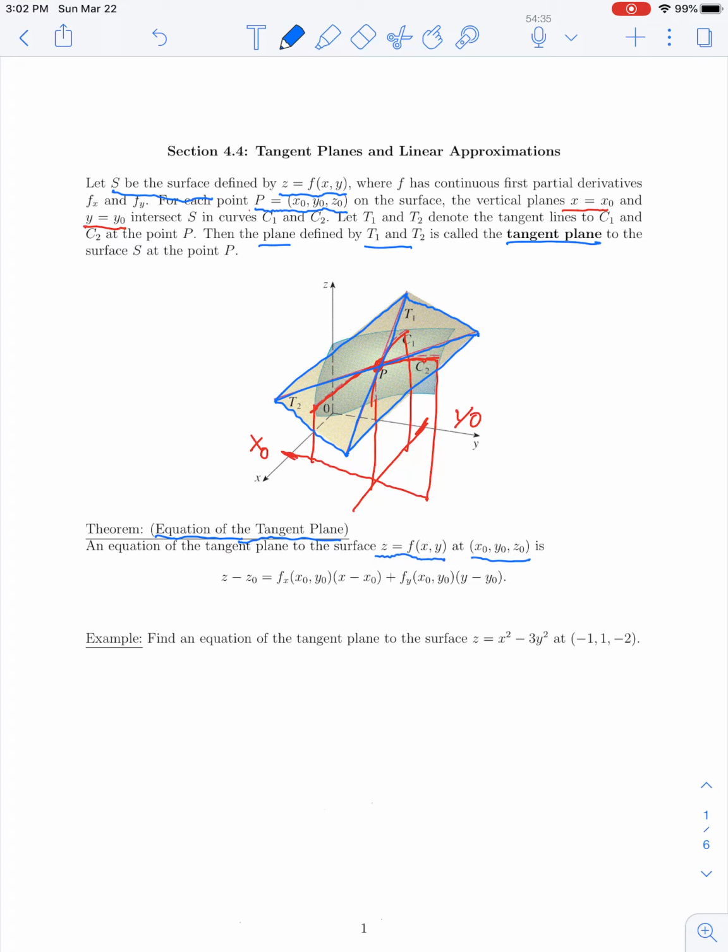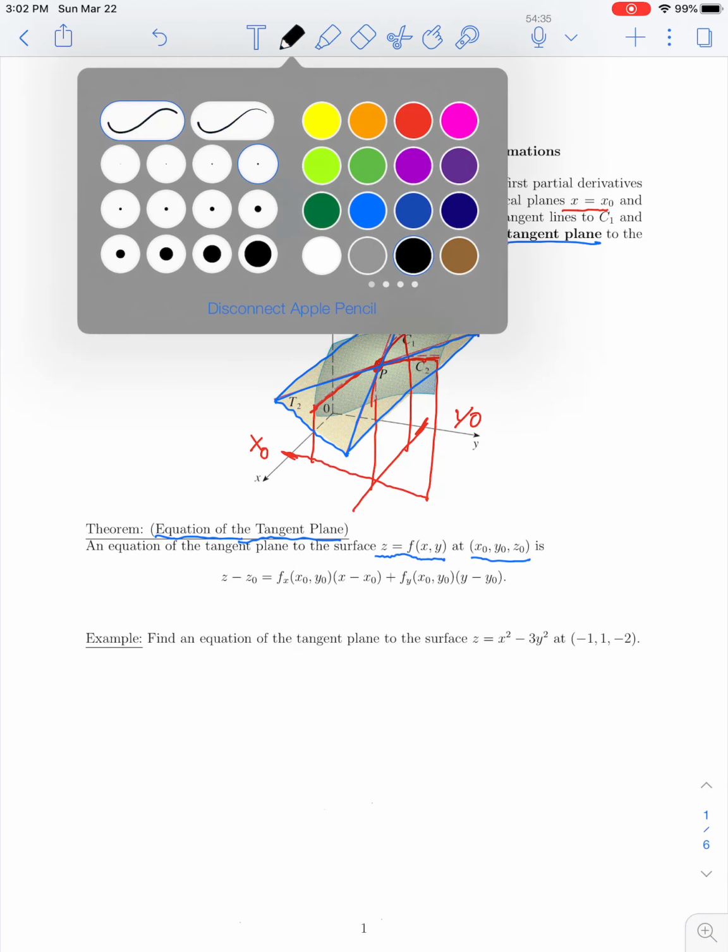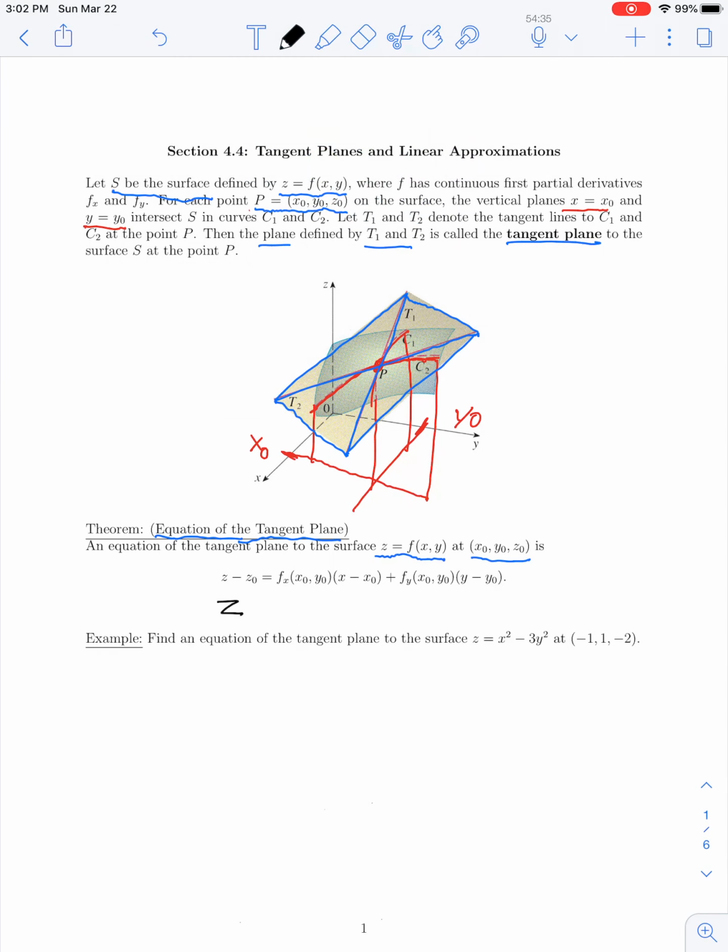And we're sometimes interested in solving this equation for the variable z. So here, if we were to solve for z, we would have z naught plus the partial derivative of f with respect to x, evaluated at x naught, y naught, times x minus x naught, plus the partial derivative of f with respect to y at x naught, y naught, times y minus y naught.